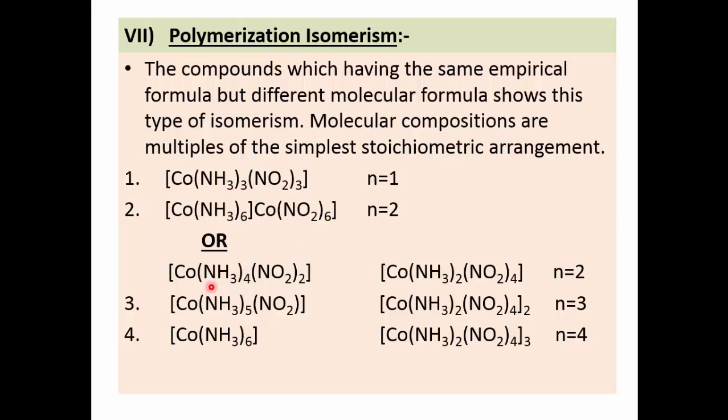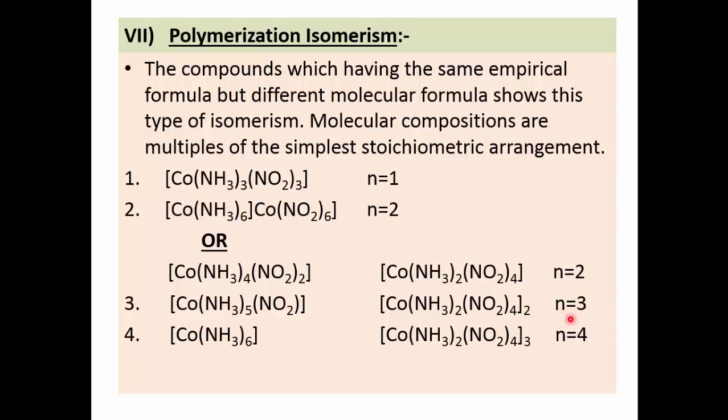See here, or it may be written as cobalt. Here there is 1 ion, here there is a second ion. So total number of cobalt ions is 2. Total number of ammonia molecules is 4, and these 2, it becomes 6. NO2, 2 and NO2, 4, it becomes again 6. So in this isomer, the value of n is equal to 2.